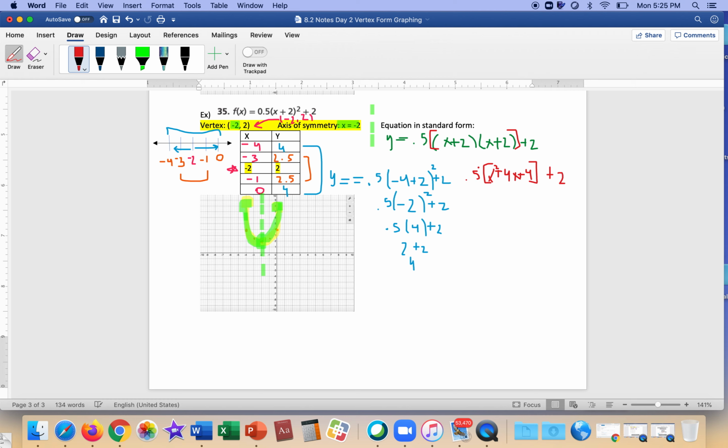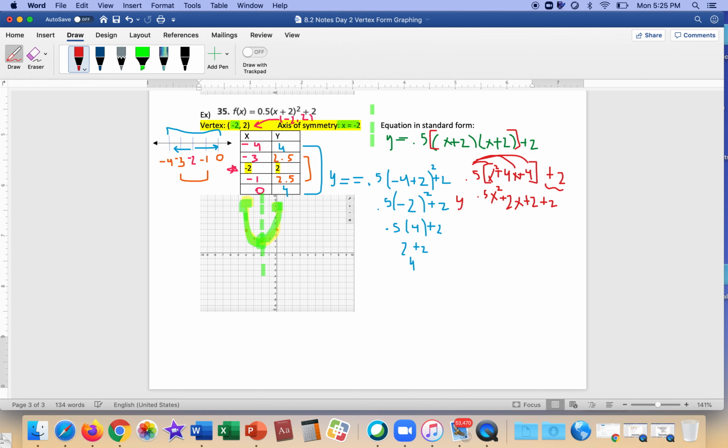Okay, now we need to distribute our 0.5, or half, so multiply inside. So we have 0.5, or half x squared. A half, or 0.5 times 4 is 2, so plus 2x. Half times +4 is also 2. And then don't forget about this 2 on the outside.